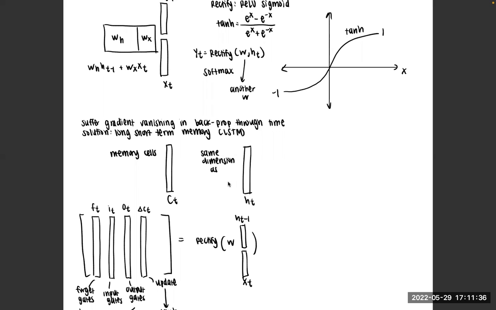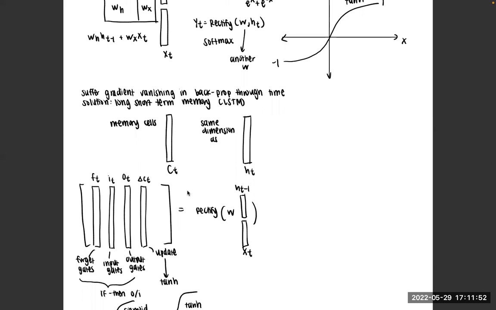This CT has the same dimension as HT, the hidden state vector. It serves the purpose of memorizing things from the past in a way that can be useful for predicting the future.